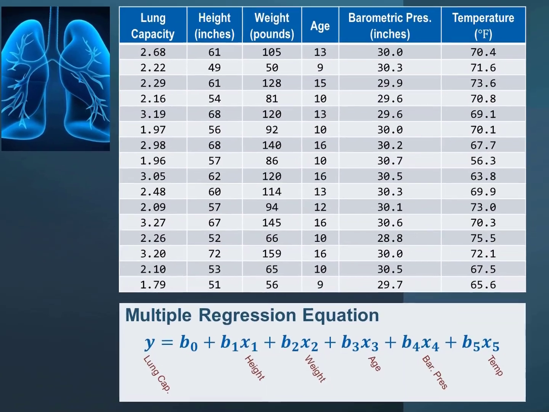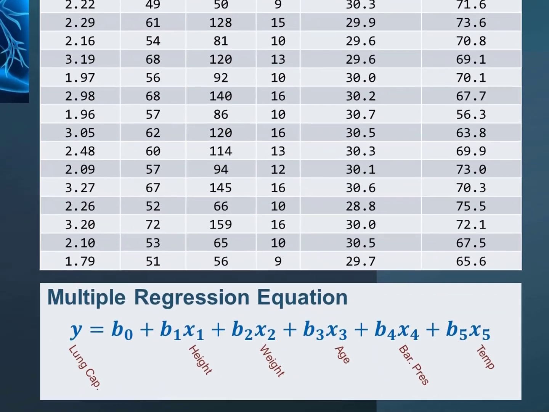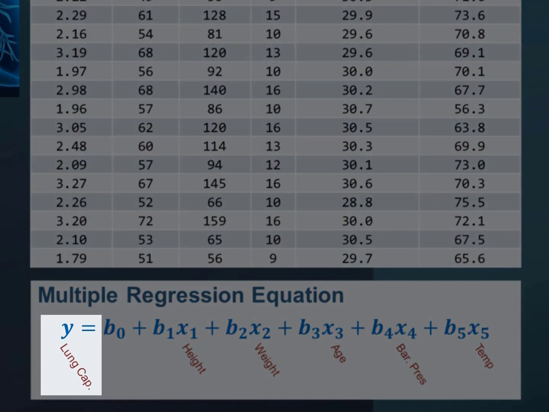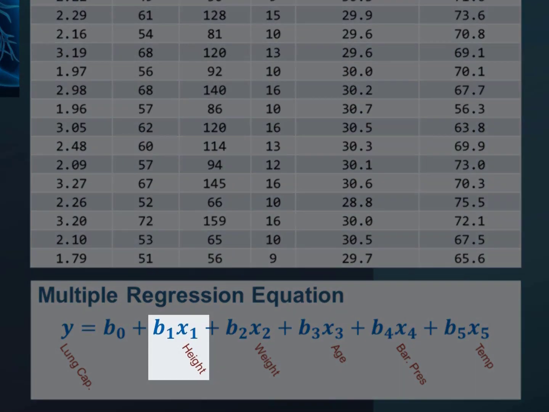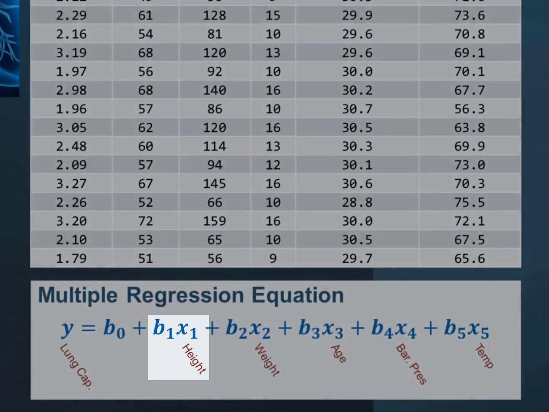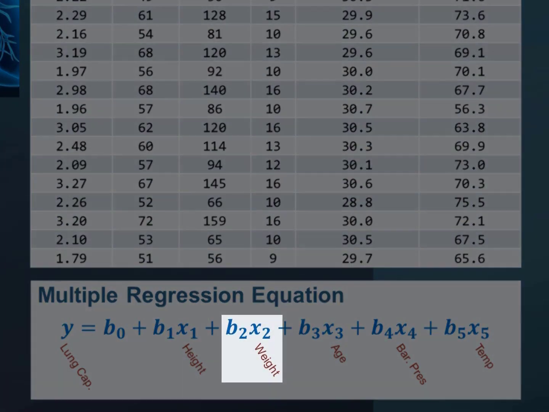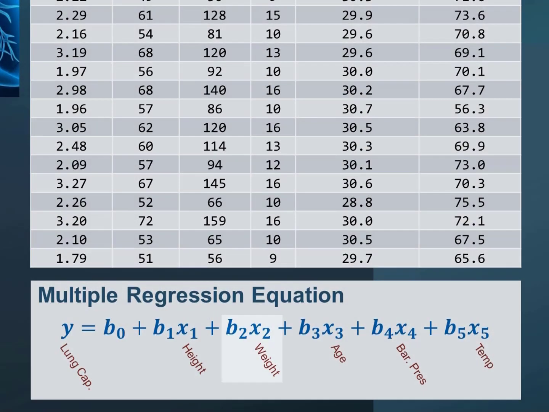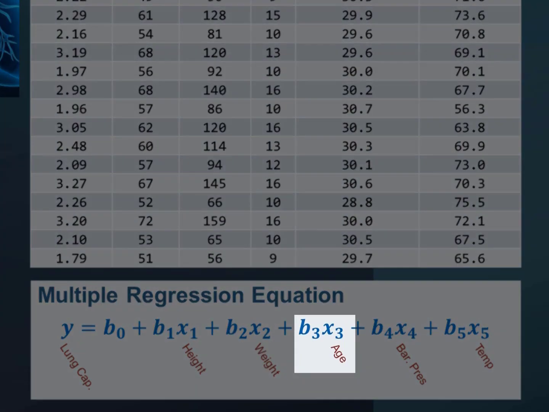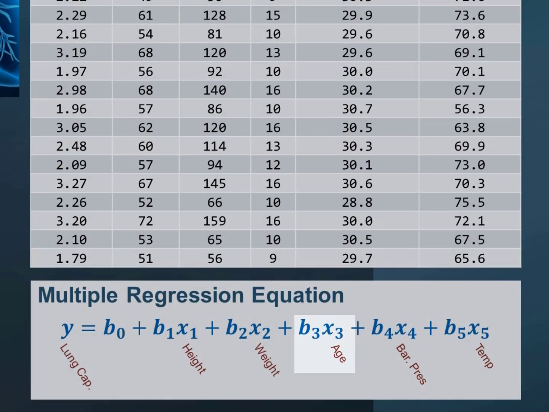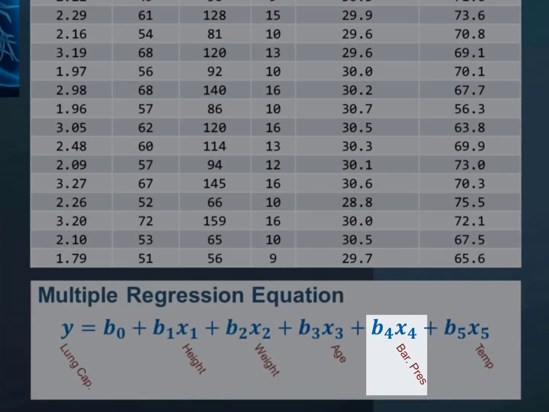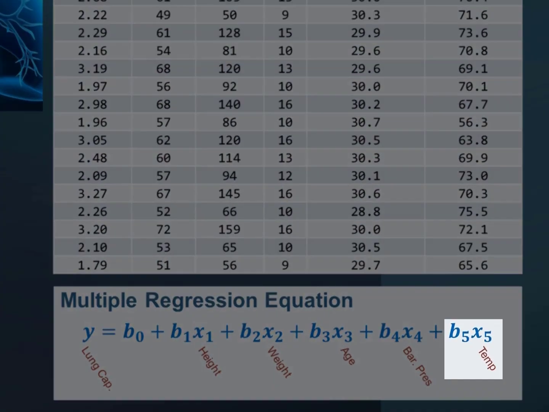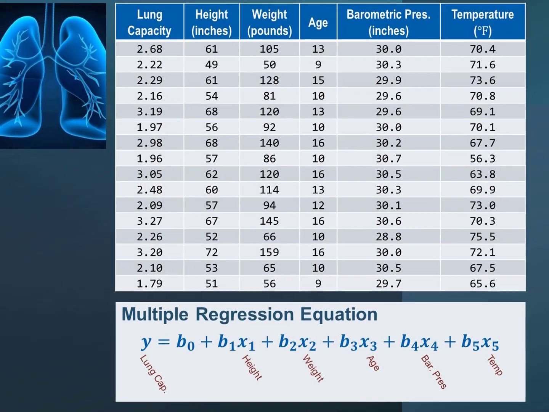The multiple regression equation for lung capacity takes the form y, which represents lung capacity, equals b0 plus b1 times x1. Here x1 represents height, plus b2 times x2, which represents weight, plus b3 times x3, x3 represents age, plus b4 times x4, x4 represents barometric pressure, plus b5 times x5, x5 is temperature.